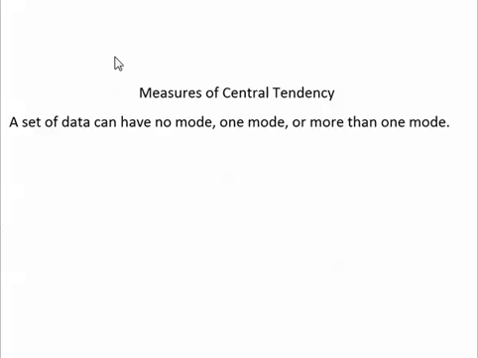I have 2 modes because psychology appeared twice, business appeared twice, and nursing and economics both appeared only one time. So psychology and business are tied for first place. So the 2 modes are psychology and business in that data set.